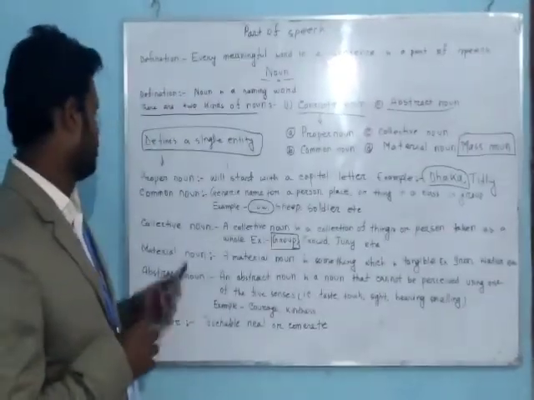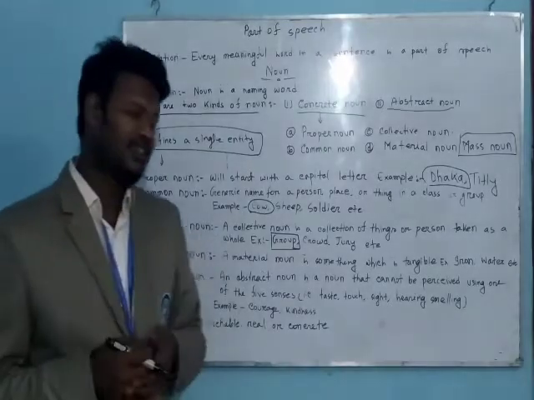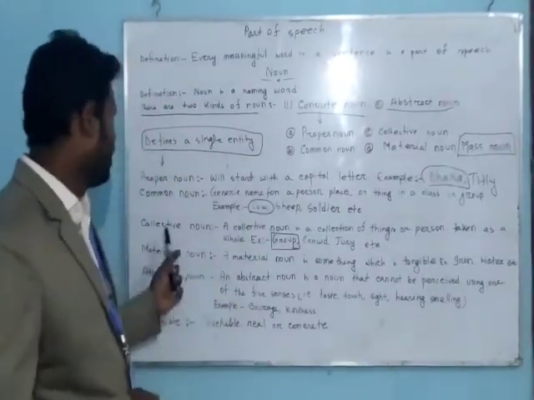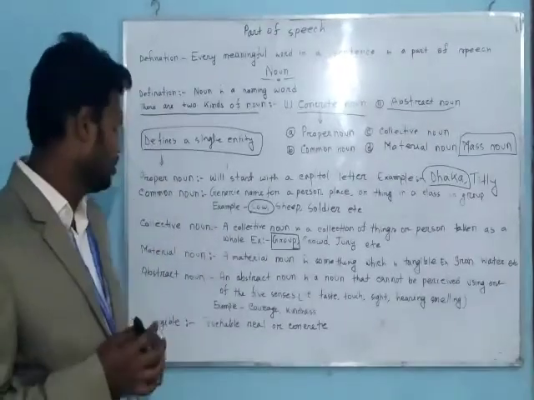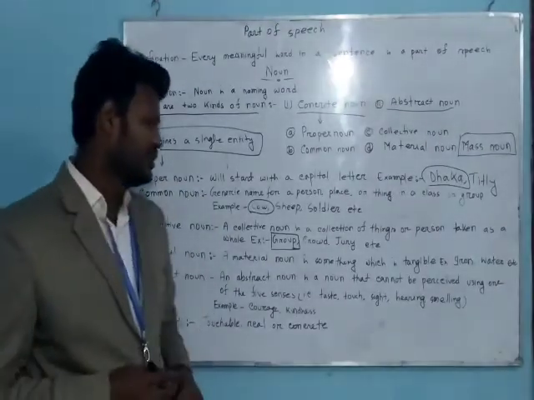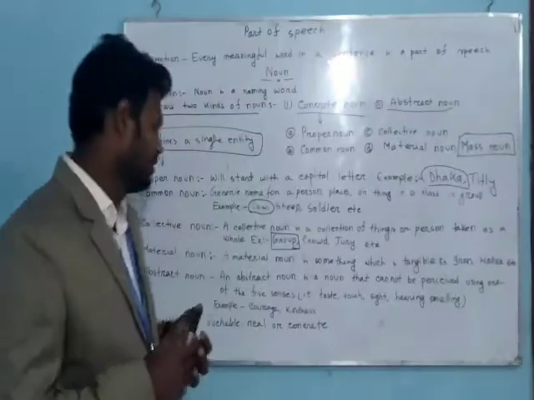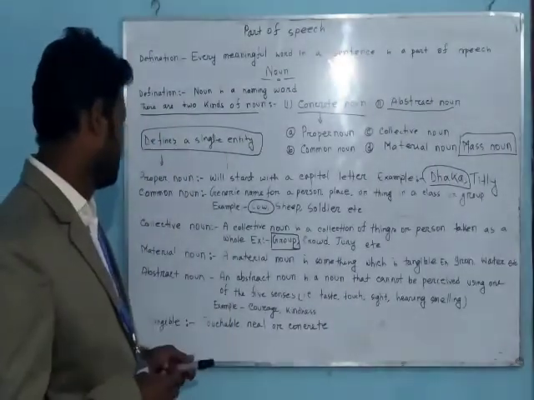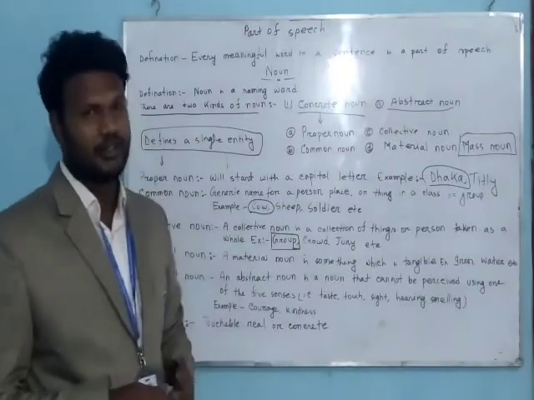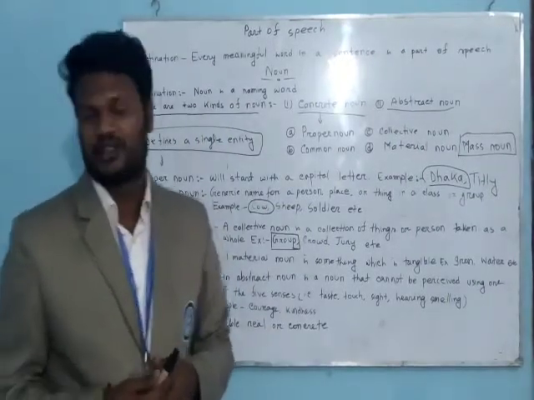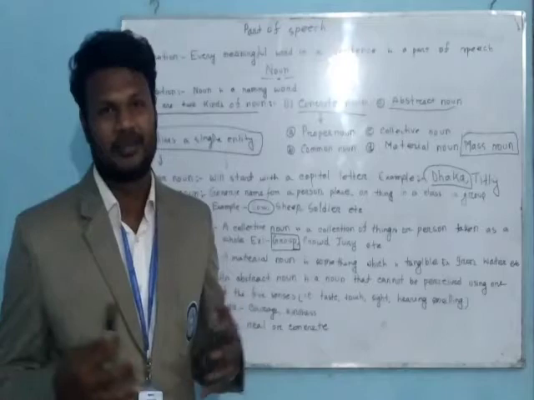A common noun is a generic name of a person or thing. A collective noun is a combination or collection of things or people. A material noun is a tangible thing. And the last one is abstract noun, which you cannot touch, see, taste, or smell; you can only feel it.